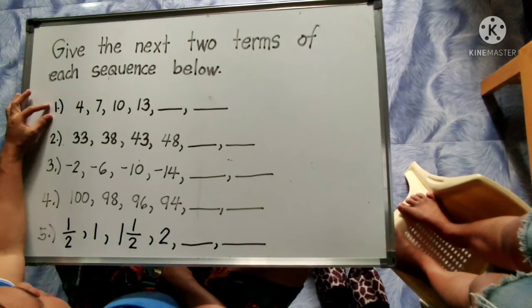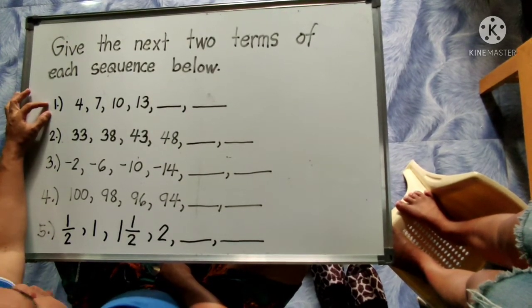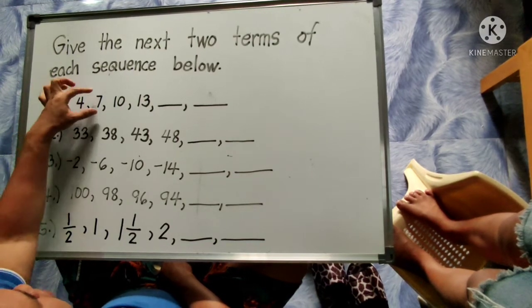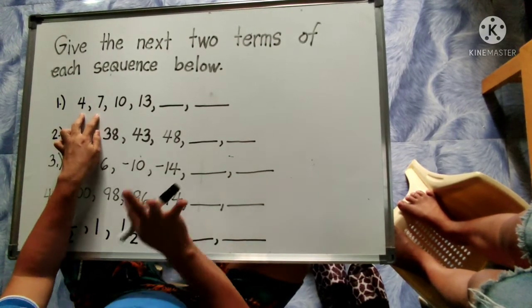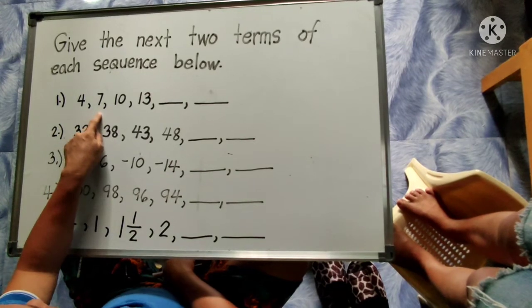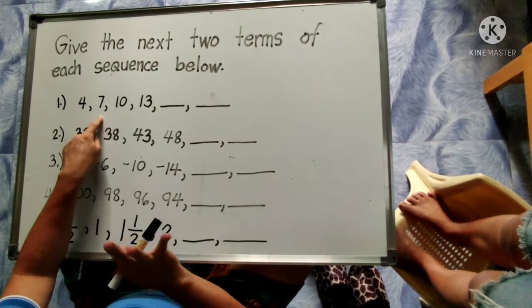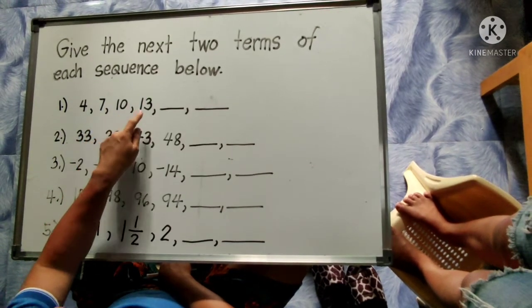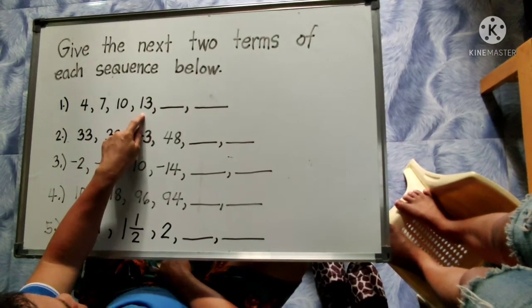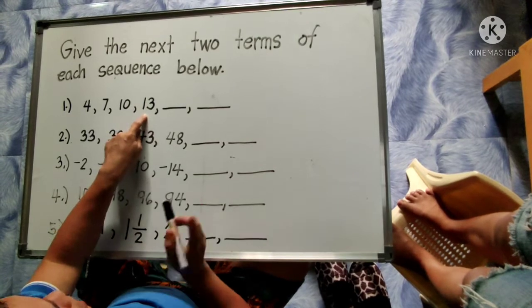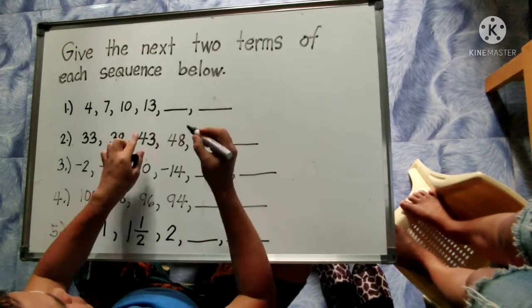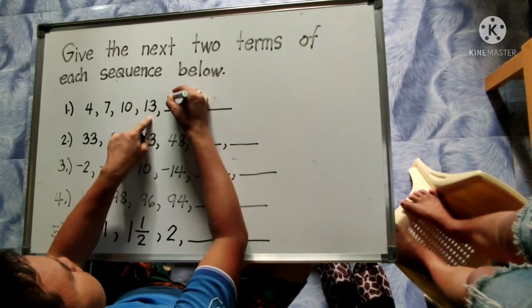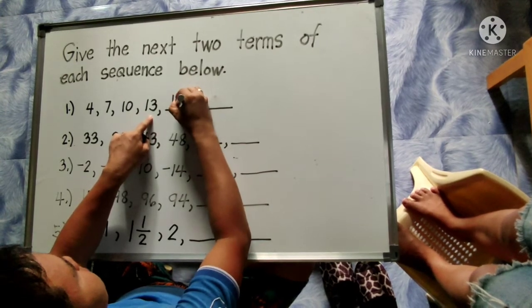The first step is you're going to spot the pattern. 4 becomes 7, so you added 3 to get 7. Then from 7 you added 3 to get 10. From 10 you added 3 to get 13. So we need to add 3 to 13 to get 16.